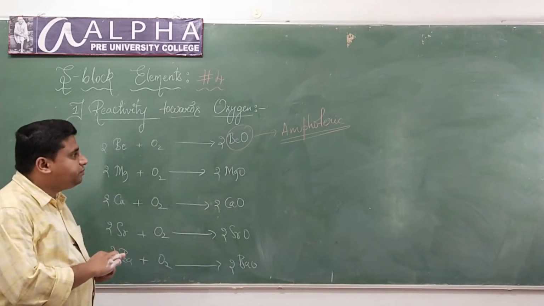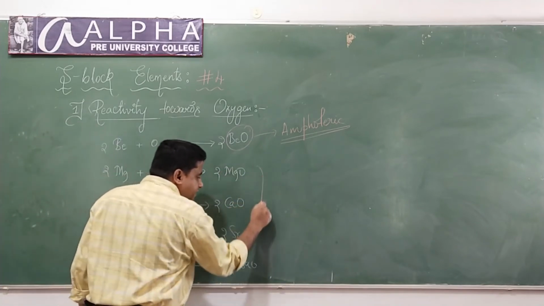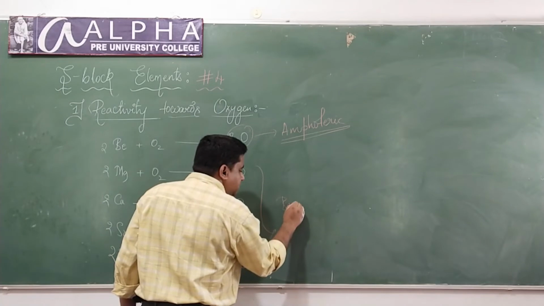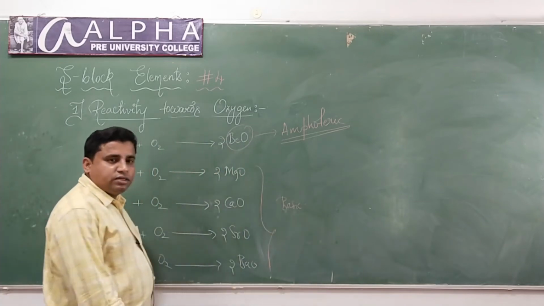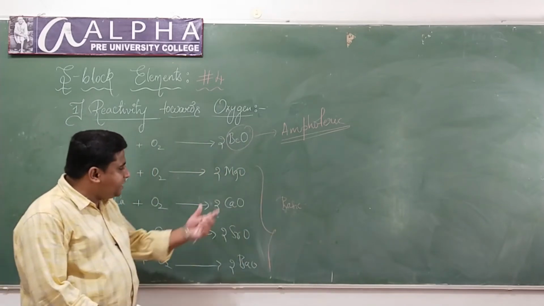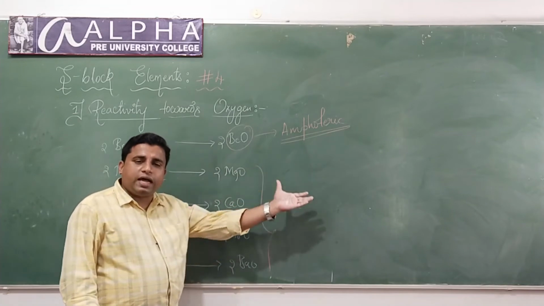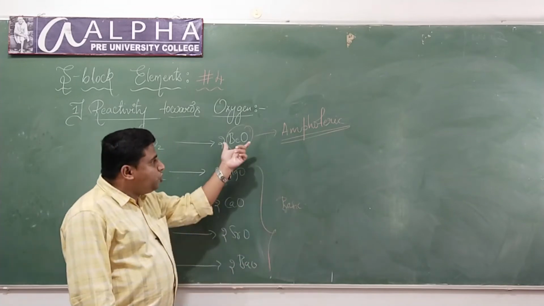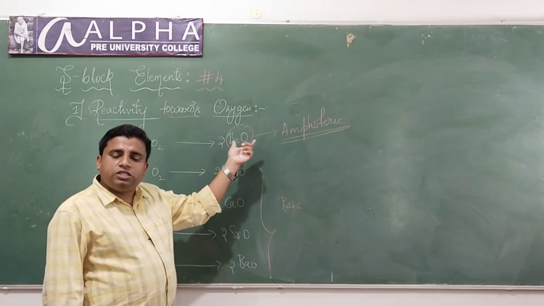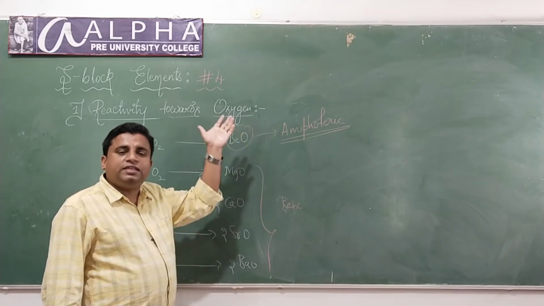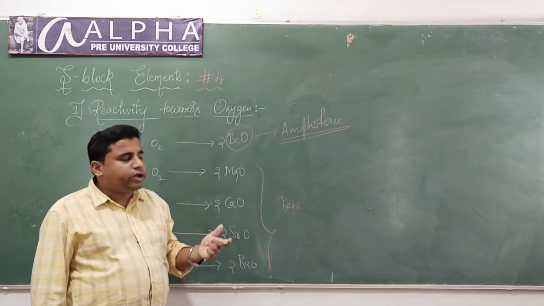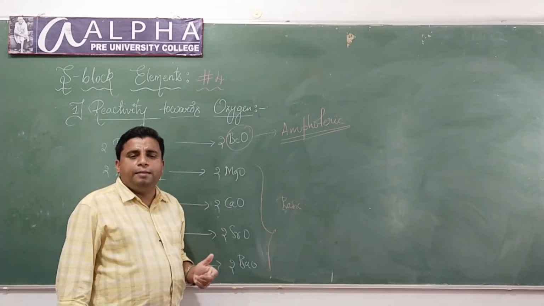Are you getting my point? Whereas the rest of the oxides are basic in nature. That means these oxides react with acids to form salt and water. What do you mean by amphoteric? This means that it reacts both with an acid as well as a base.